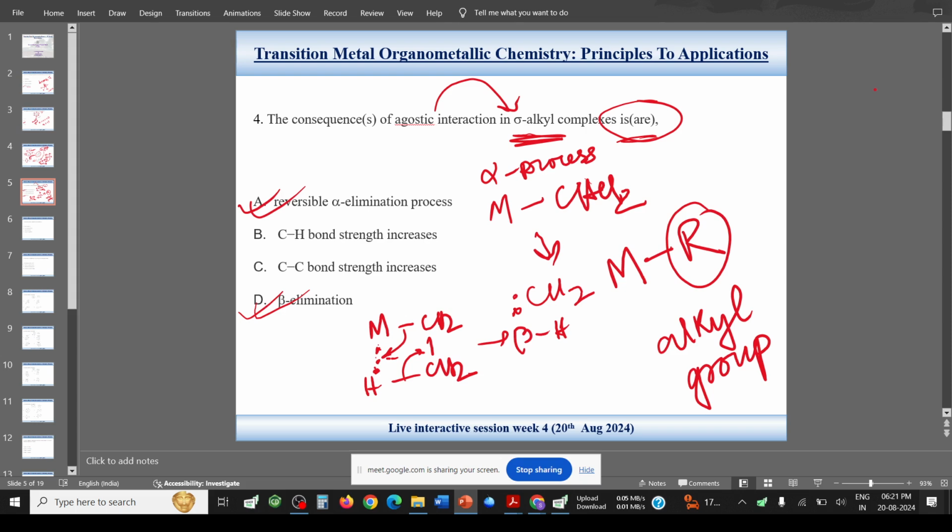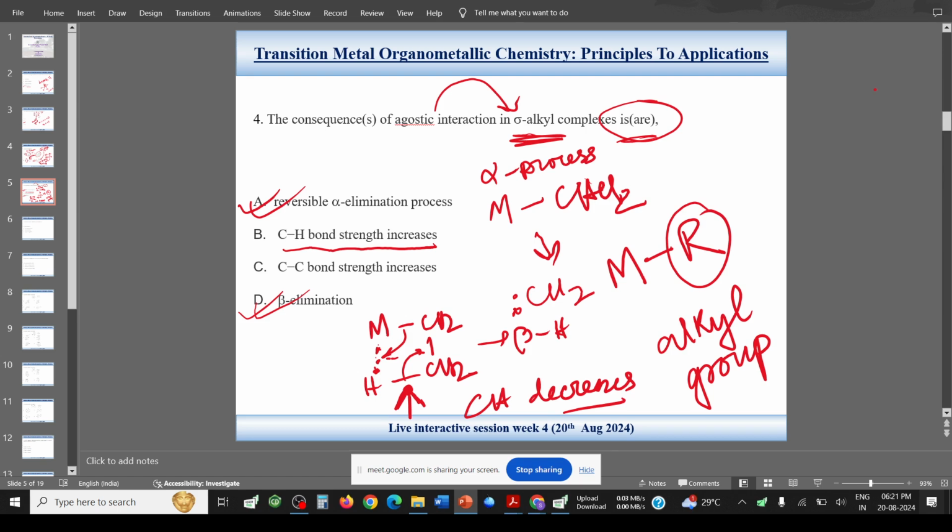Another thing is that here it is written CH bond strength increases. For the agostic interaction, we need to know that this CH bond is breaking because of this agostic interaction, and for that we can say that CH bond strength decreases here.